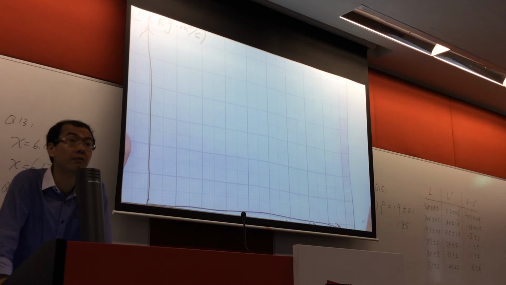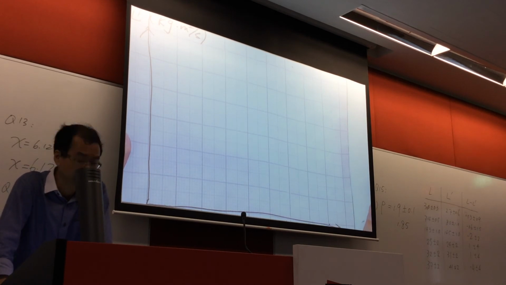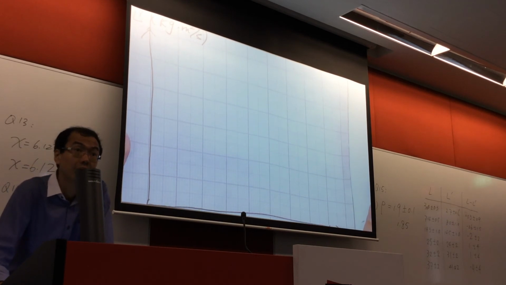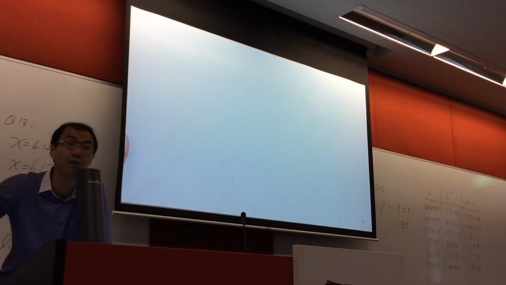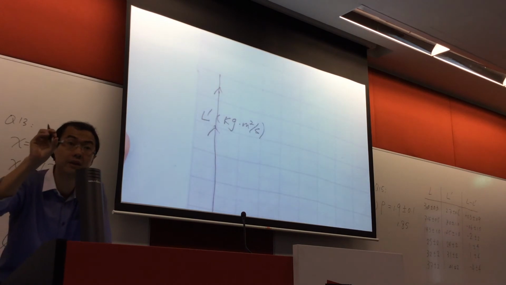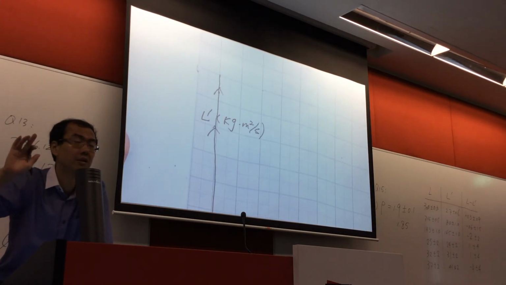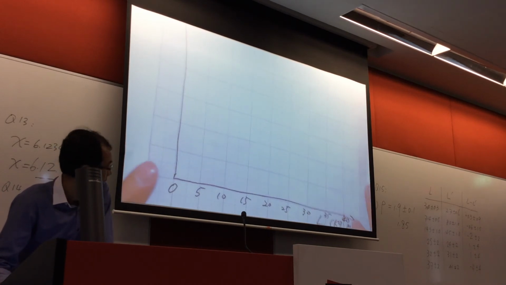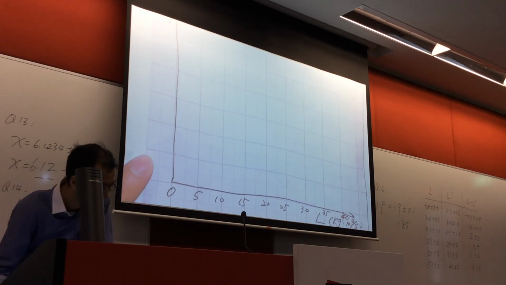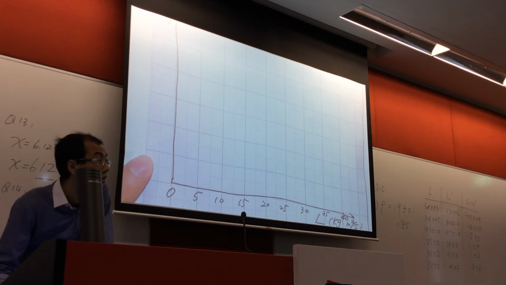You need to choose a proper range, and you need to make full use of your graph paper. If you are given one page, don't draw only in the center with the rest empty. That's not a proper graph. And if you look at the final momentum, what is your range?